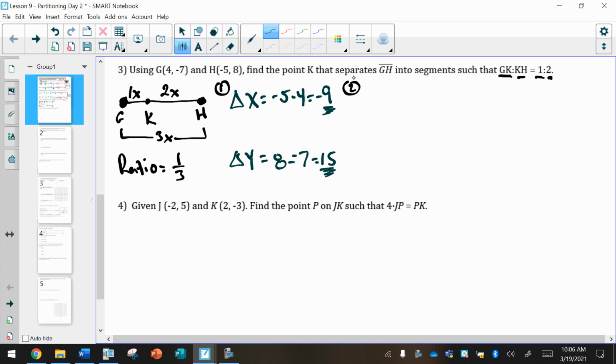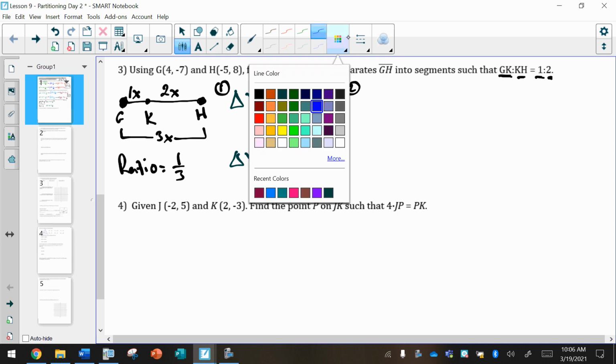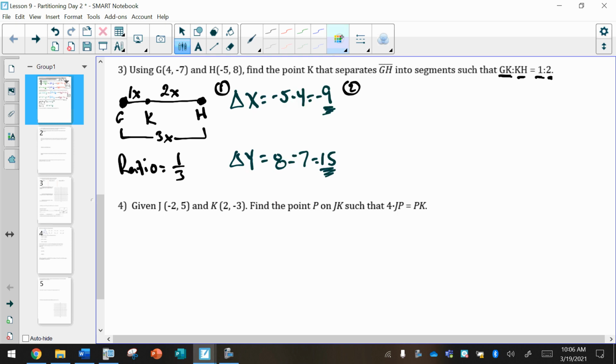Step 2 is now to apply our scale factor. So I'm going to apply the scale factor of 1/3. I need to do 1/3 of -9 for my X direction, and 1/3 of 15 for my Y direction.